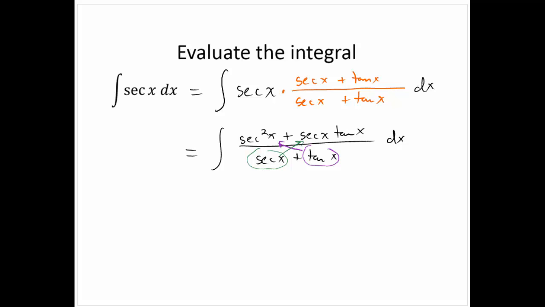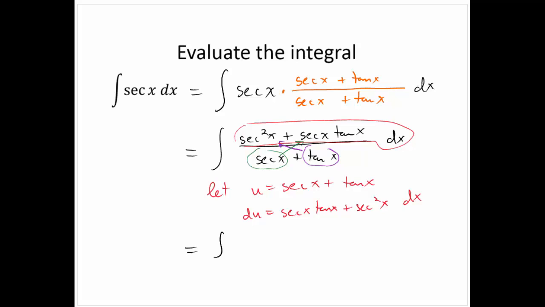So if I let u equal secant x plus tangent x, the denominator, then du is secant x tangent x plus secant squared x, the numerator. I really should have a dx on the end of that last line. And notice that that's the whole du.